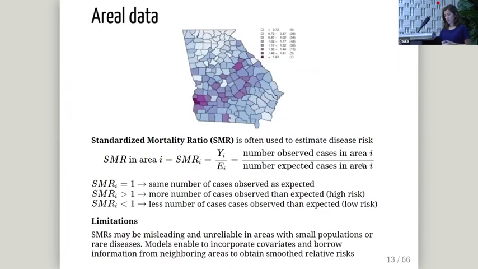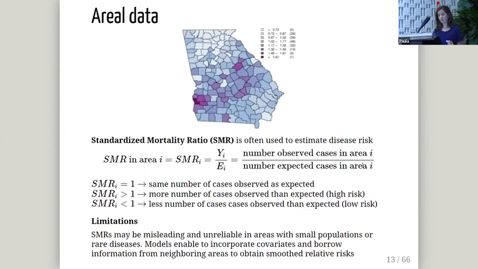Okay, so imagine we have areal data and we want to estimate the risk of the disease in each of these areas. One easy way to do it is to calculate the standardized mortality ratio, or SMR. This is the number of cases observed divided by the number of cases expected.